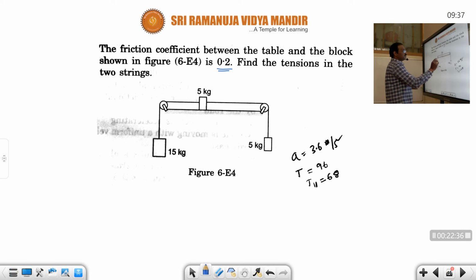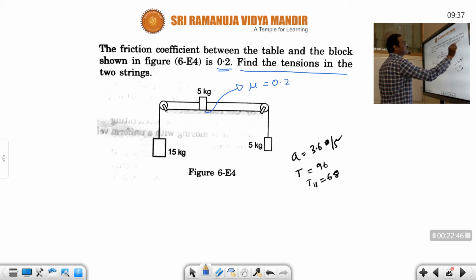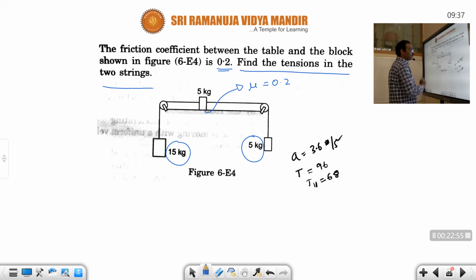Here the block is on a horizontal surface, with the coefficient mu equal to 0.2. Then what will be the tensions in the strings given? This is a 15 kg block, this is a 5 kg block, and this is also a 5 kg block.